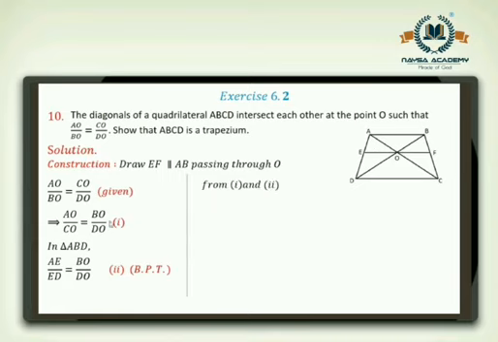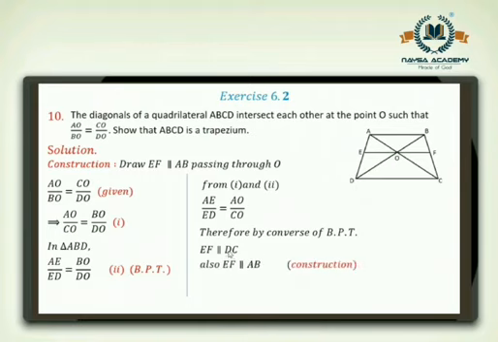Now from equation 1 and equation 2, as on the right hand side you can see BO upon DO, I can say that AO upon CO equals AE upon ED, or AE upon AD equals AO upon CO. Therefore, by converse of BPT, now you can see triangle ADC. In this triangle, as AE upon AD equals AO upon CO, we can say that EO, that is EF, is parallel to DC.